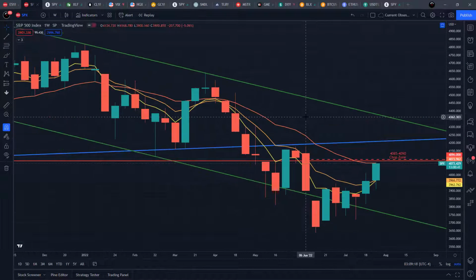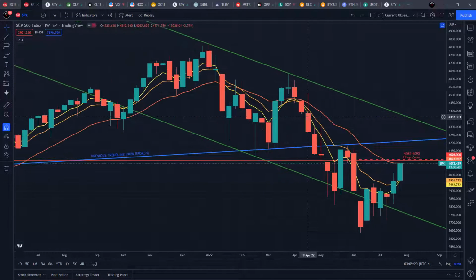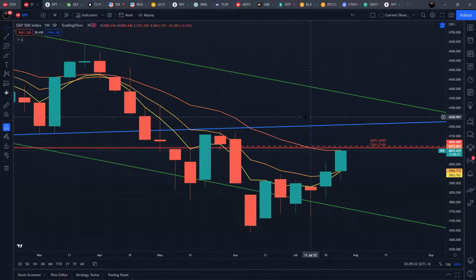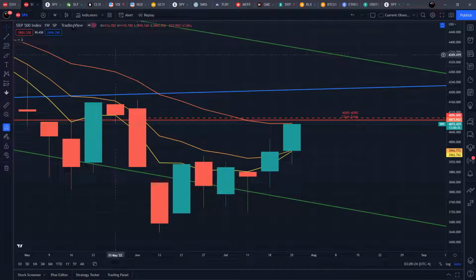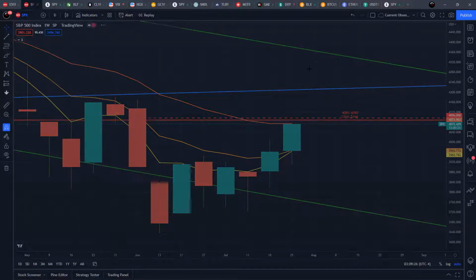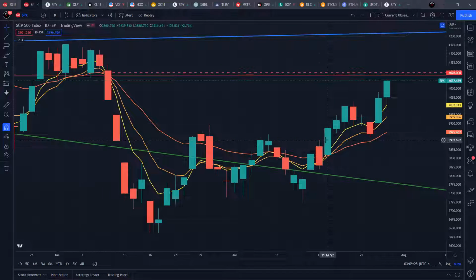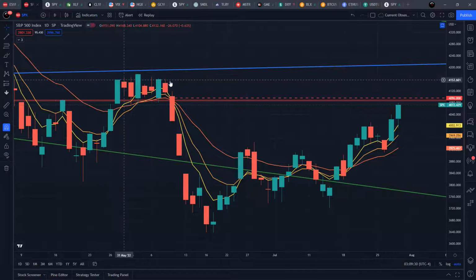What am I expecting in the meantime? On the weekly, kind of more of the same. Kind of a consolidation, maybe similar to this right here. This is on the daily. There we go, I'll highlight it. I'll draw a little box around it.